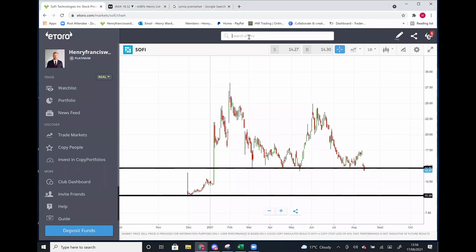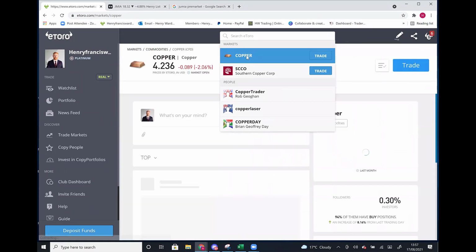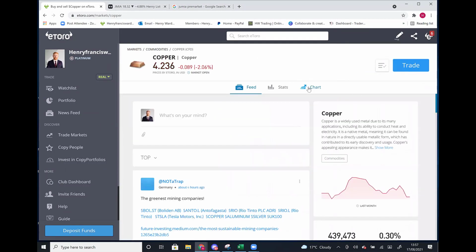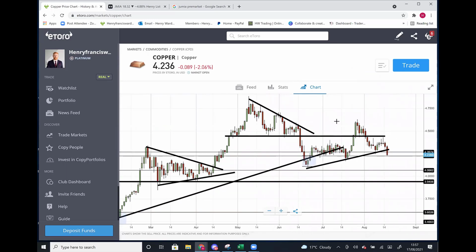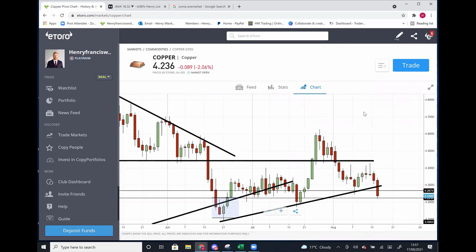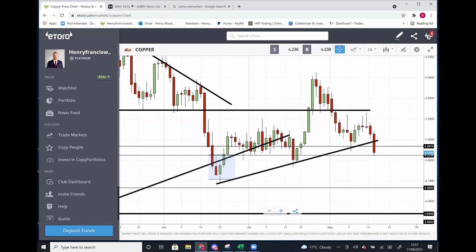Okay, copper is infuriating at the minute. So copper has gone sideways, and it has had a massive drop over the last couple of days. It sort of made a lower low here now.